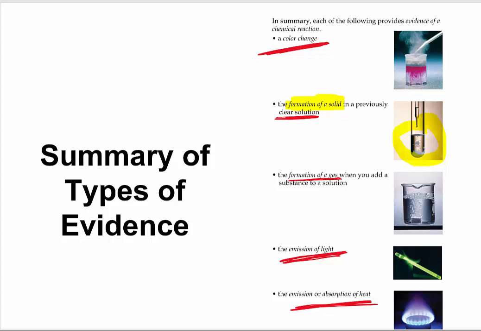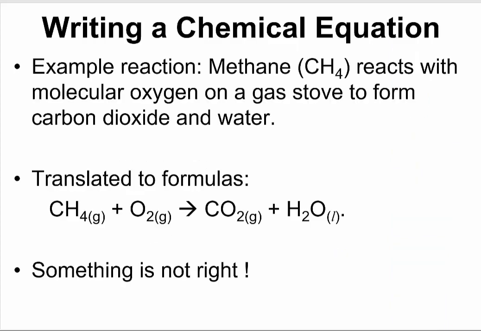Now, how do we write these chemical reactions in chemistry? Let me give you an example. Look at this statement. Methane, and this is the formula of methane, CH4, reacts with molecular oxygen on a gas stove to form carbon dioxide and water.